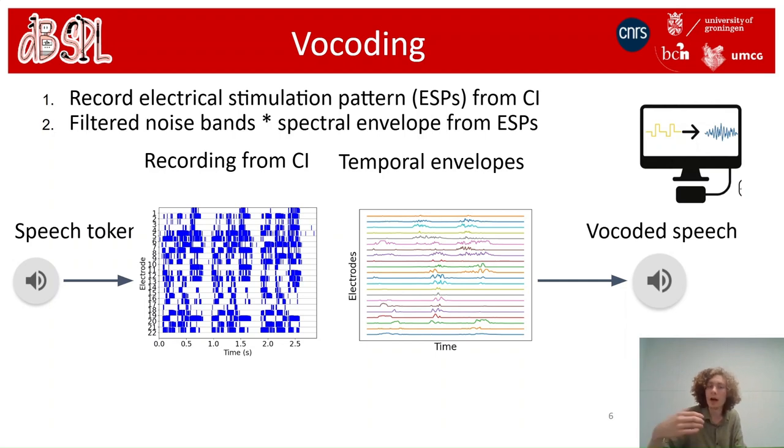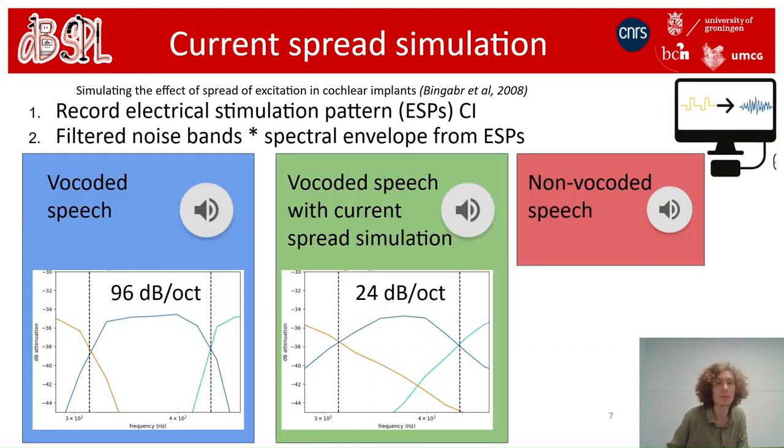Then how do we get current spread? Because we are not in the cochlea, we need to simulate that, and we can also do that through vocoding. On the left you see vocoded speech. If you choose very sharp filters for your filtered noise, then very little information of one frequency band passes over into neighboring frequency bands.